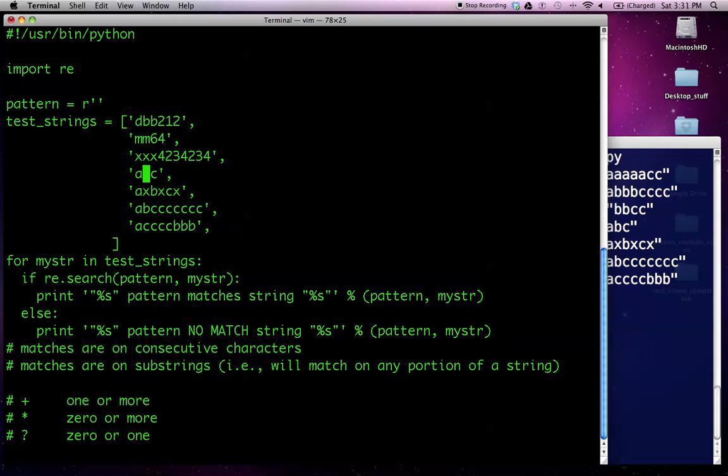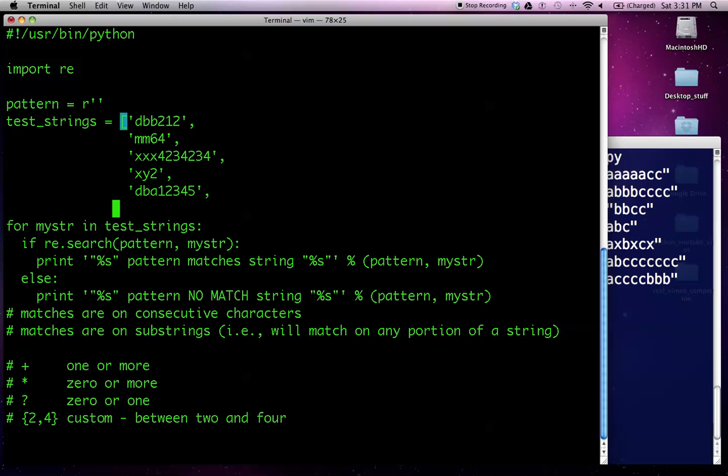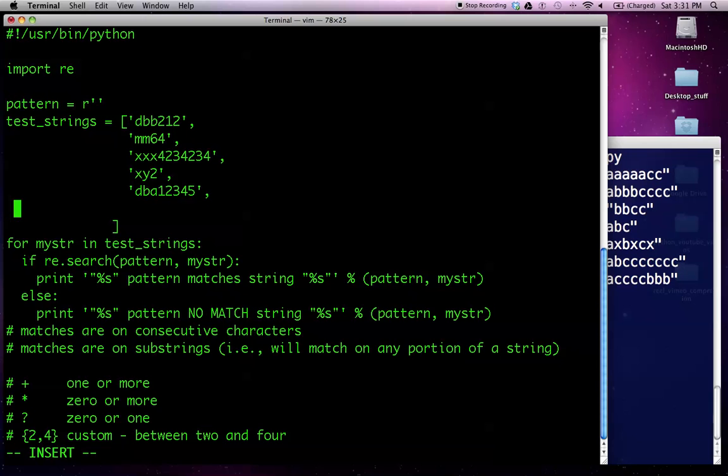It should be able to match on any of these. And notice the variations. All right, I think that's good enough. So what have we got here? And let's throw in maybe a couple of others to try to confound you.